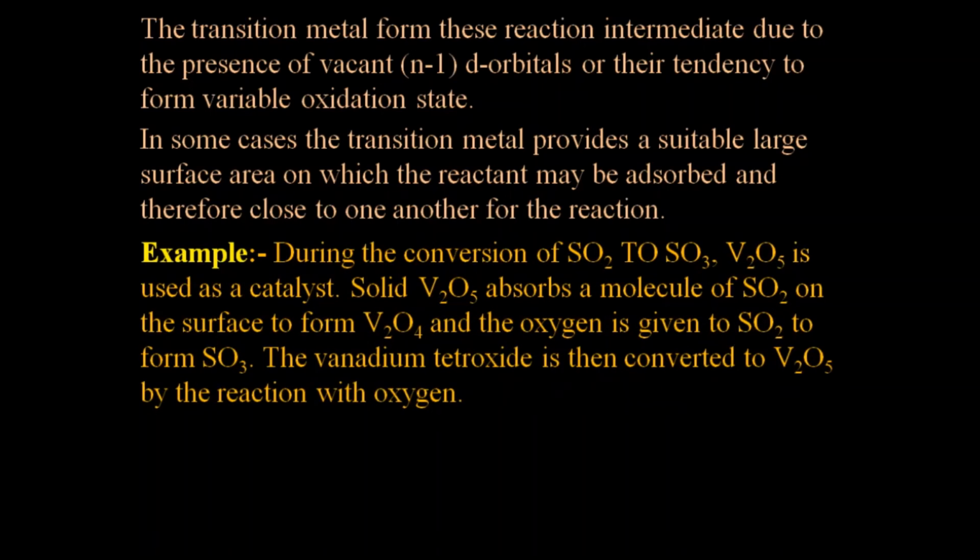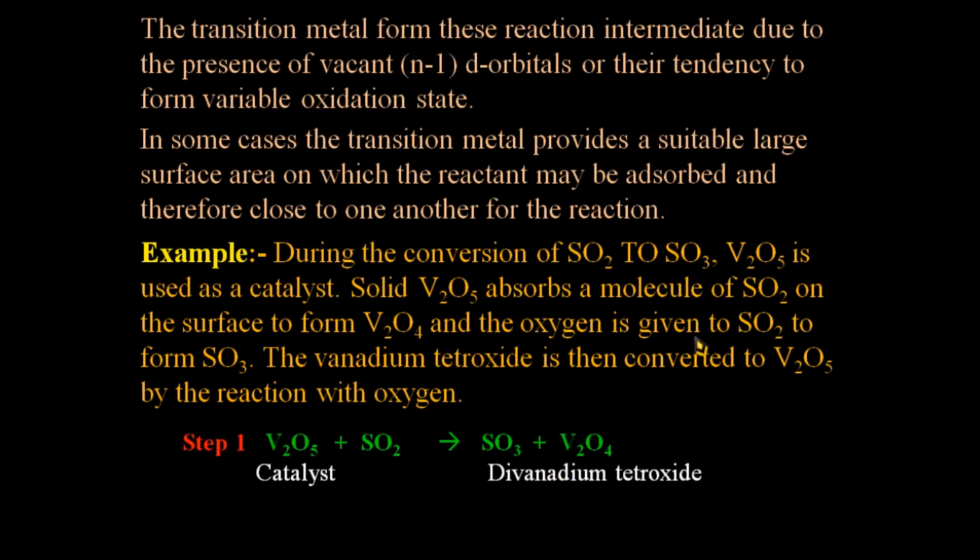For example, during the conversion of SO2 to SO3, V2O5, vanadium pentoxide, is used as a catalyst. Solid V2O5 adsorbs the molecules of SO2 on the surface to form V2O4. This is the first step.